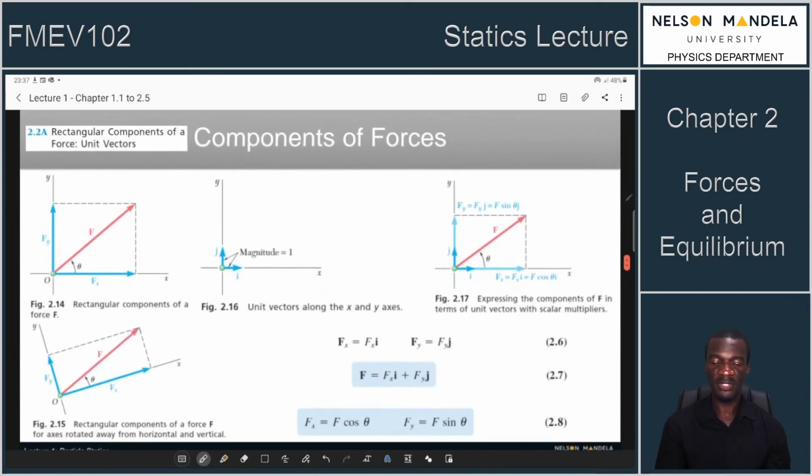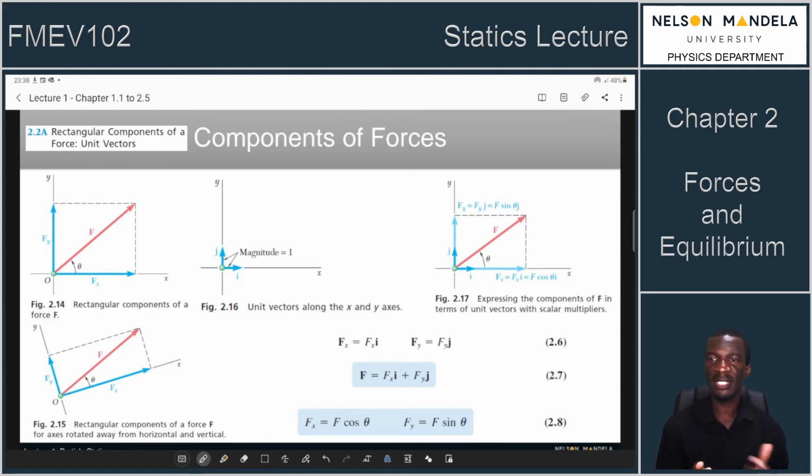The principles on components of forces. This is just another summary. So rectangular components are what we will use in this module. There are several systems of reference frames. We've got the rectangular system of reference or coordinates.